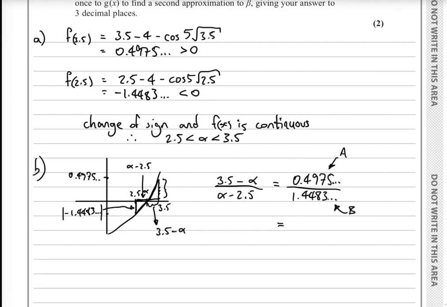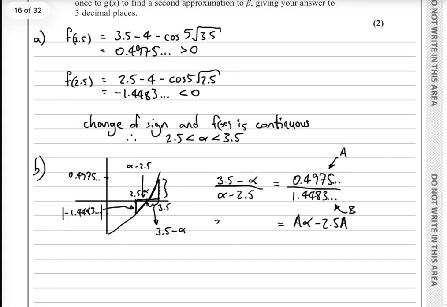So if I rearrange that, I'll have A alpha minus 2.5A. And on the other side, I'll have 3.5B minus B alpha. Rearranging this, on the right hand side, alpha times A plus B. On the left, 3.5B plus 2.5A.